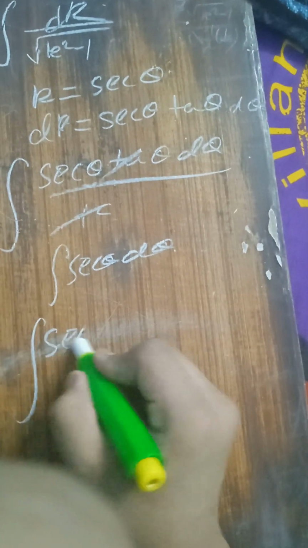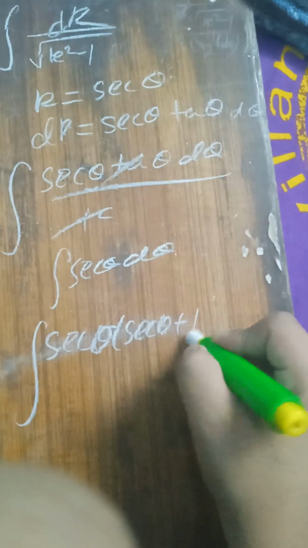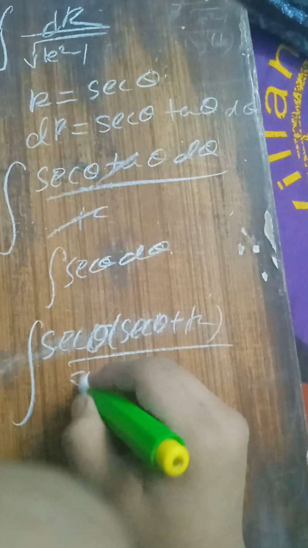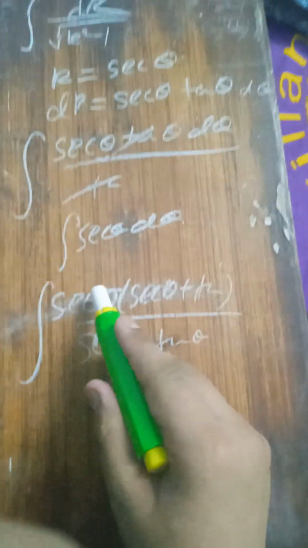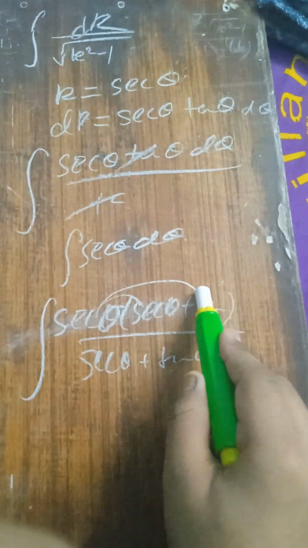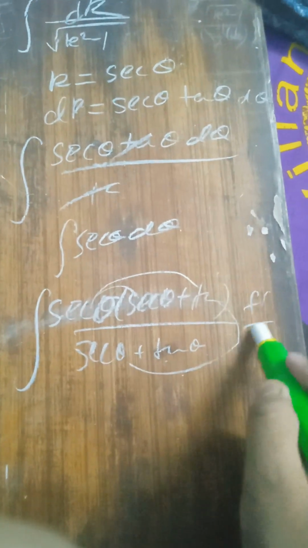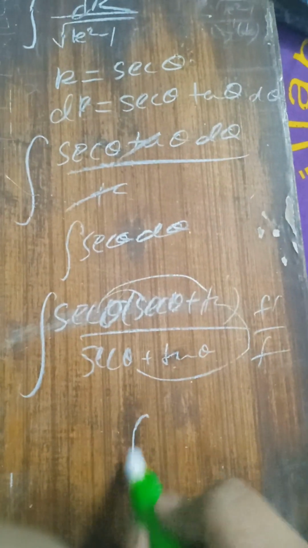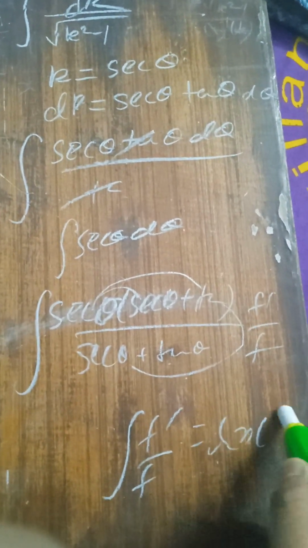Multiply by sec theta plus tan theta in the denominator and numerator, and then when you open it, you get sec square theta plus sec theta tan theta. Its derivative is over here; it's of the form f dash by f. Again in India, we are asked to learn this as a standard integral of ln f, but I will still show you the derivation.